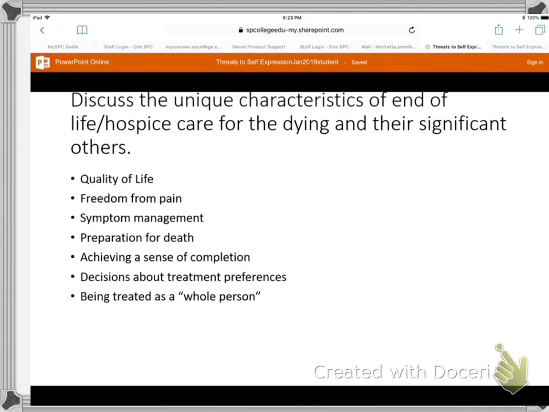So as far as the unique characteristics of end of life hospice care, again, we want to make sure that we keep their quality of life as much as we can. Freedom from pain. I just started doing symptom management a few months ago, and the amount of medication that we give a lot of these patients is unreal.